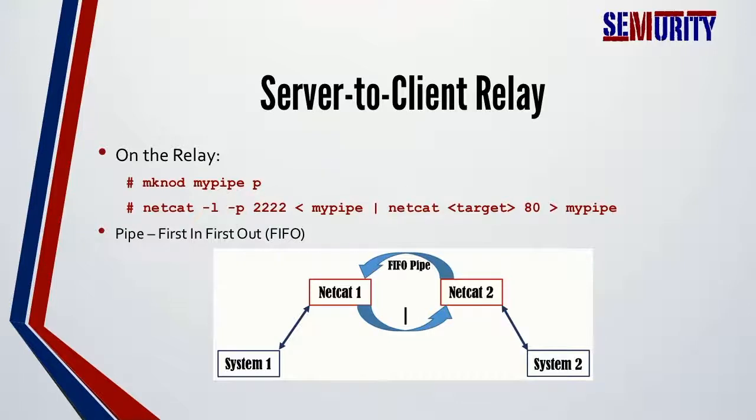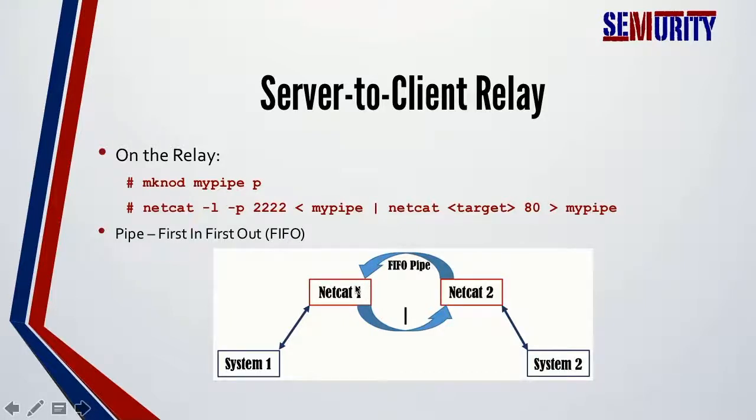And the way this is achieved is like this. The pipe symbol is going to take whatever Netcat 1 wants to write and send it to Netcat 2. And the FIFO pipe is going to take whatever Netcat 2 wants to type and send it back to Netcat 1.